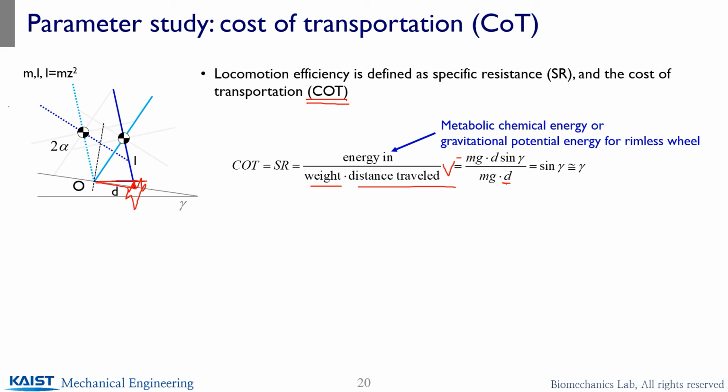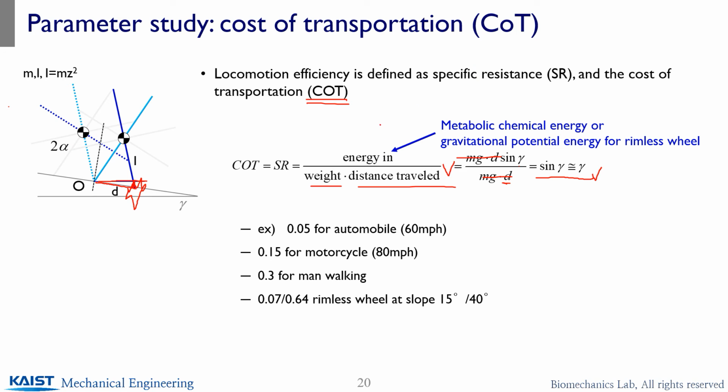If you calculate it, it is surprisingly simple, which is just sine gamma. It's only a function of the slope. So for the rimless wheel, if you have a larger slope, your cost of transportation increases to compensate for the greater collision loss at the impact.